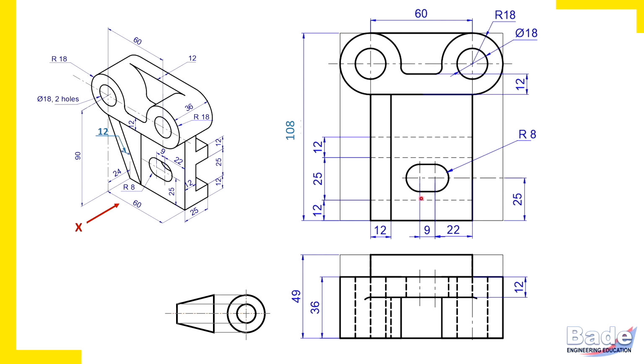So instead of drawing very long extension lines, it's better to insert these dimensions in between the views. Insert diameter for the entire hole, and radius for the portion of a circle. Take care of enough space between parallel dimension lines. So follow all the rules of dimensioning, complete the dimensions, and your drawing will be perfect.